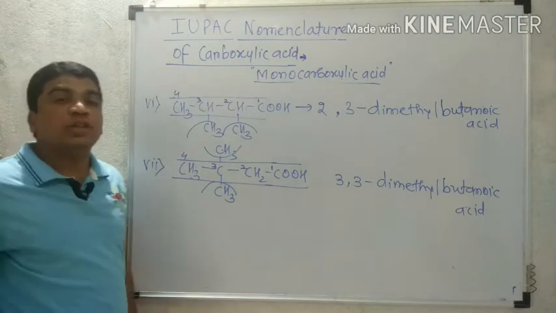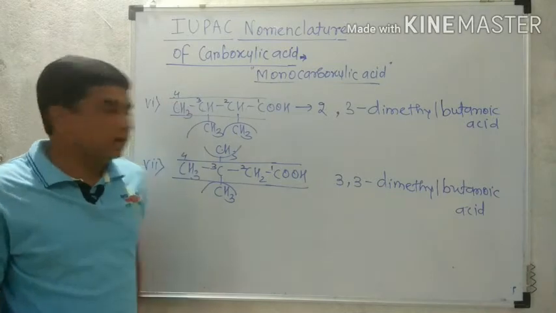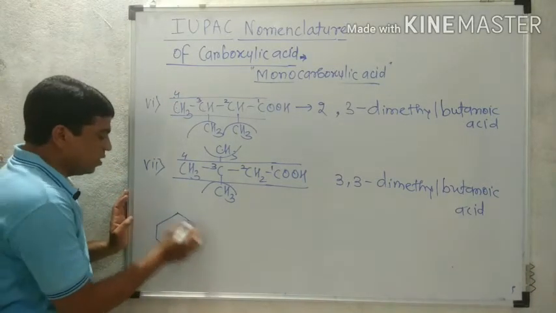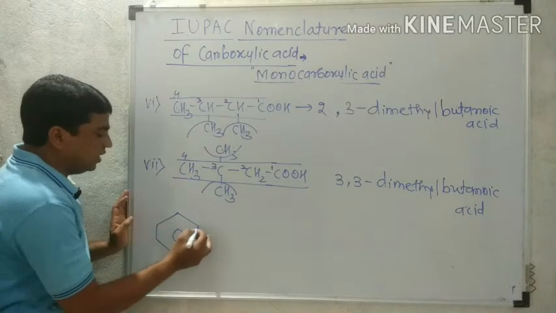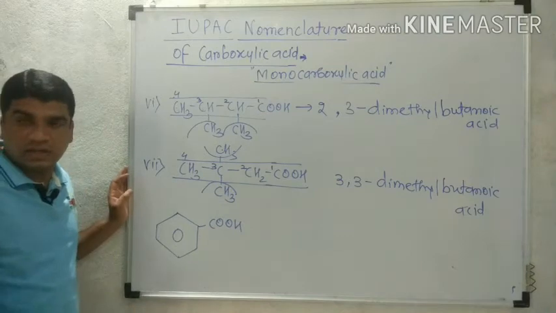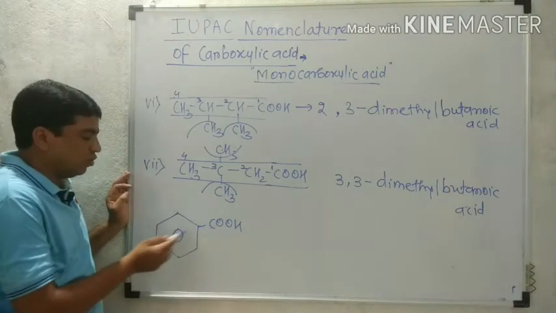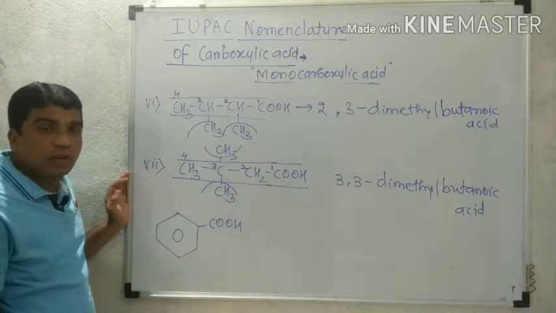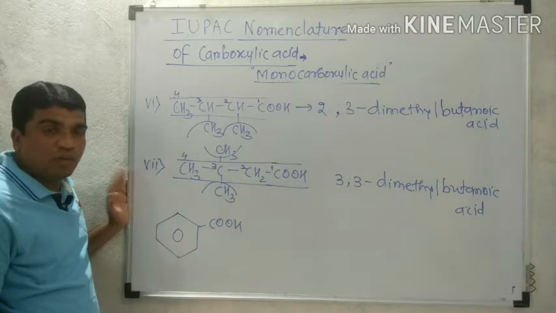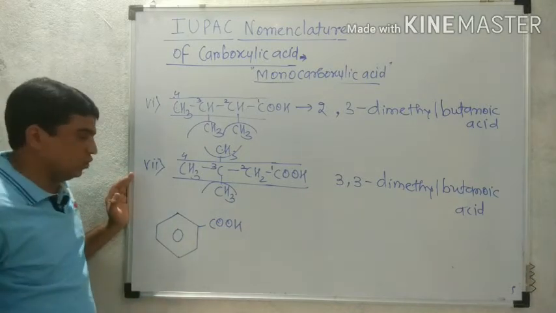So that is about the aliphatic monocarboxylic acids. Now we are going to discuss some examples of aromatic monocarboxylic acids. This is our first structure. This is an aromatic carboxylic acid because the COOH functional group is attached to an aryl group. Here the benzene is the phenyl. So it is an aromatic monocarboxylic acid because it contains COOH.